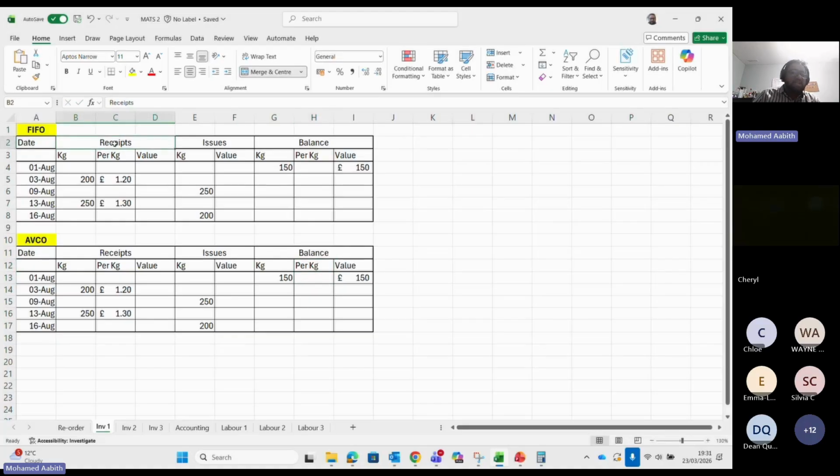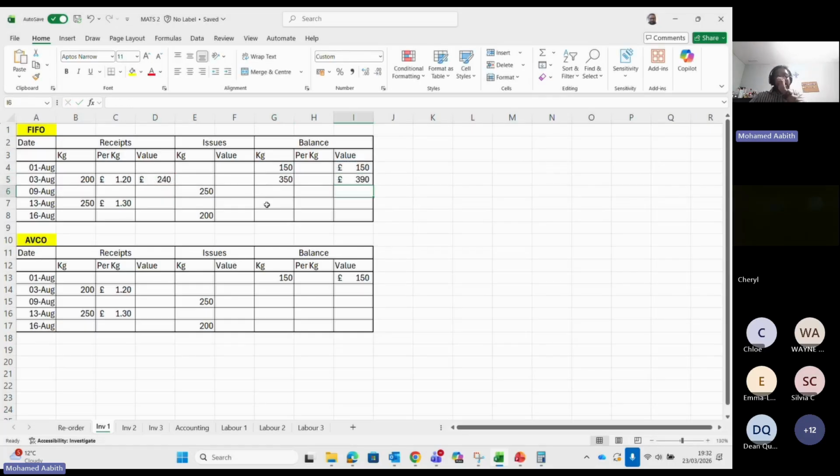This one is the receipt. What will happen to my balance when I receive new stock? We need to make sure we find the total value first. So that times that gives me 240. But how much is the inventory now? This is going to be that plus that, and this one is going to be equal to that plus that.